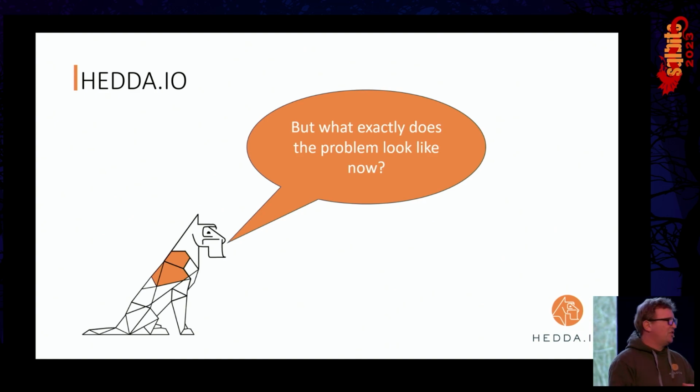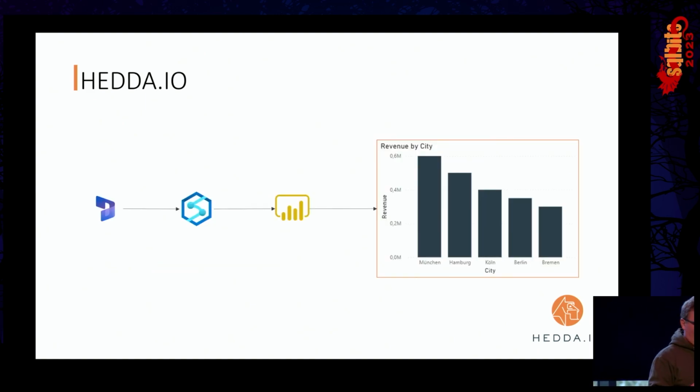Now, what we want to do is just a simple sample to show you what this could be like. You see there is this Dynamics icon, and it pushes the data out of Dynamics with Azure Synapse and loads it into Power BI, and everything looks good.